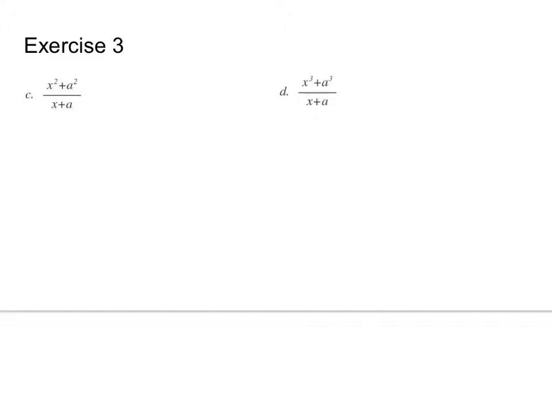So here we're going to say no. Okay, x squared plus a squared divided by x plus a. I can't factor this. So we're going to say no. X plus a is not a factor of x squared plus a squared. Now I have the sum of cubes over x plus a. That does work.